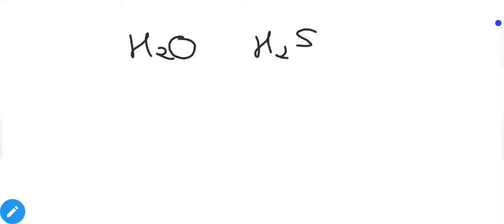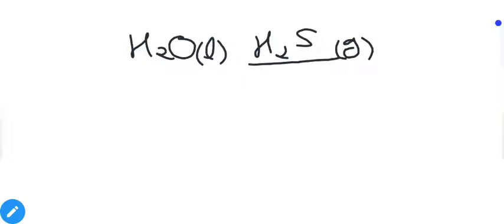Now let's compare the water molecule with other group members of oxygen, which is in group number 16. So let's compare H2O with H2S. H2S has a gaseous physical state, whereas H2O is in liquid state.